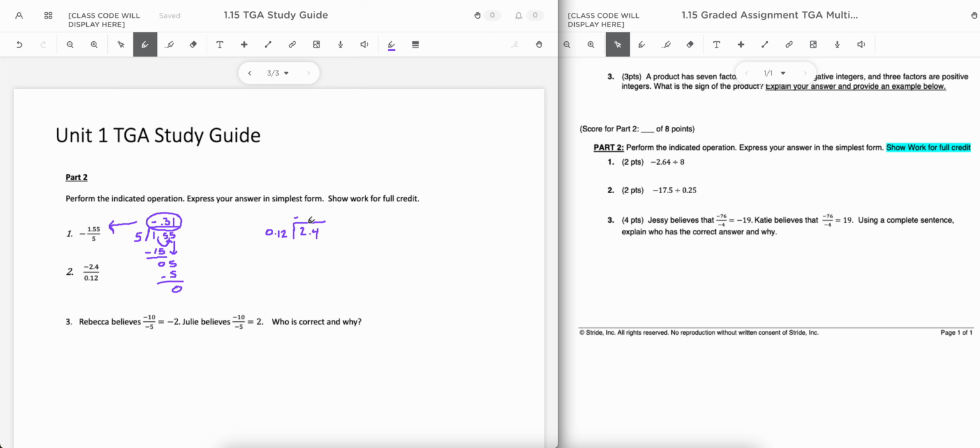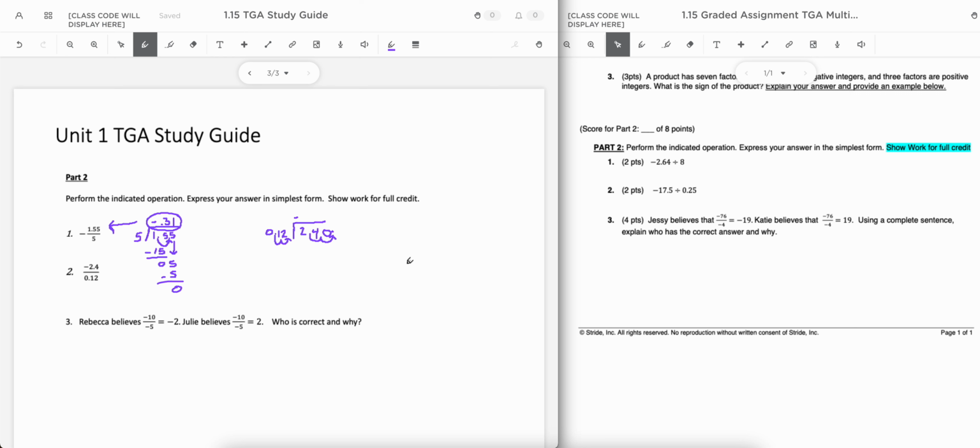Now for this one, you want a whole number on the outside when you're dividing. Okay, right now we have a decimal. So to make that a whole number, we got to move this decimal over 2 places to the right. And anything that we do on the outside, we need to do on the inside. So we need to move this decimal 2 places to the right. So 1, 2. And if you notice, there is a blank space. We always fill it in with zeros.